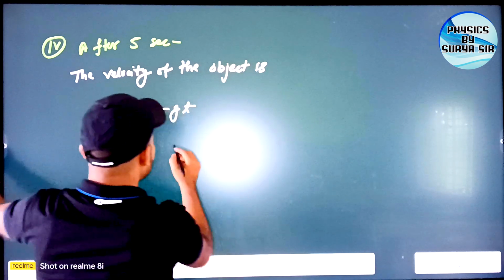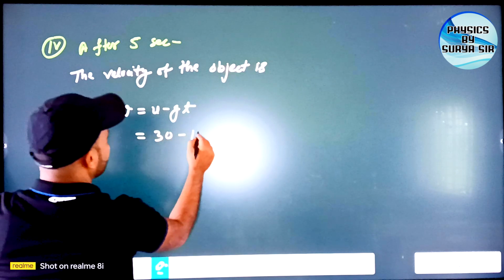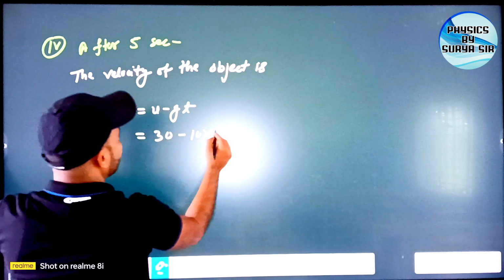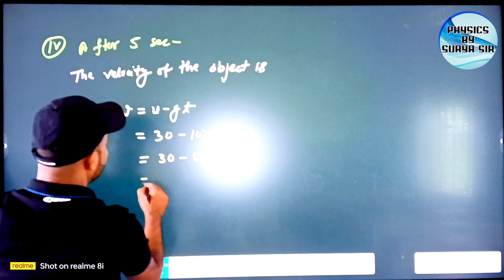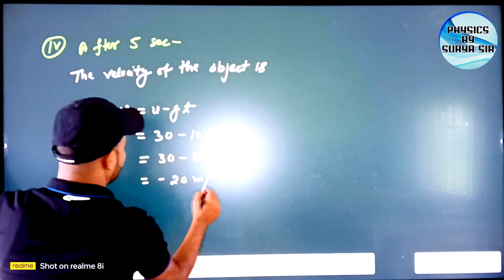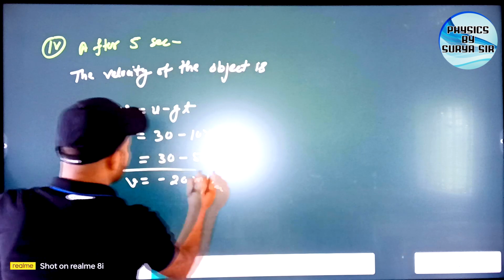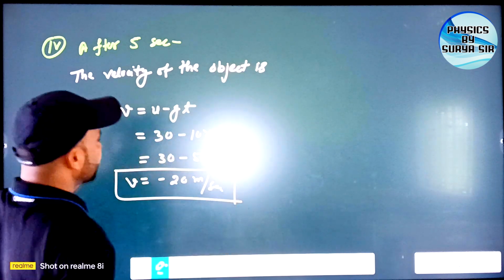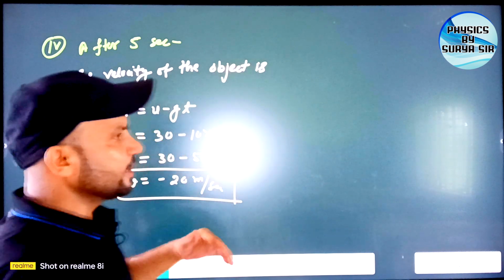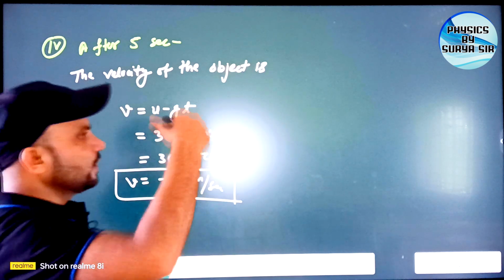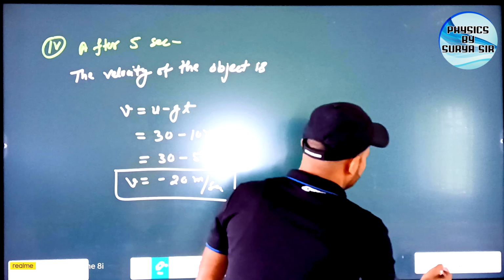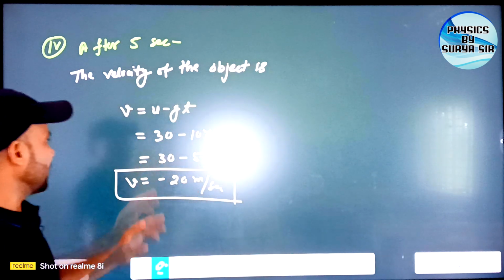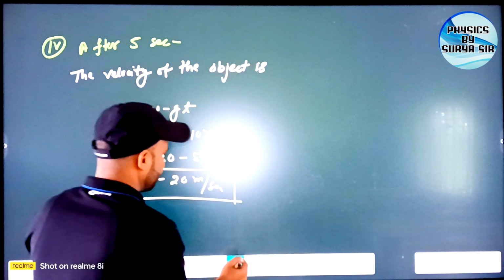What is the initial velocity? 30 meter minus g into t. How much t? 5. So this is 30 minus 50, which means minus 20 meter per second. The velocity is minus 20 meter per second, which means in these 5 seconds it will start moving in the downward direction. That's why its velocity is negative.